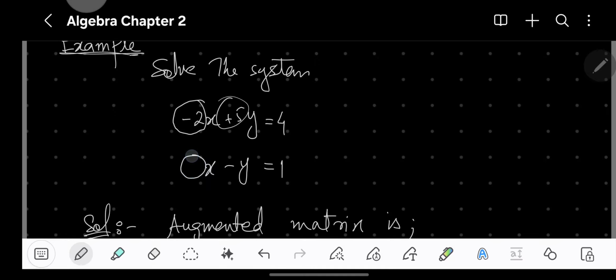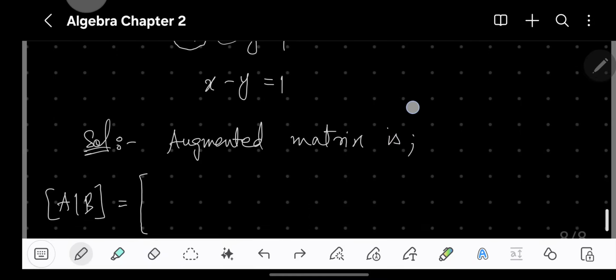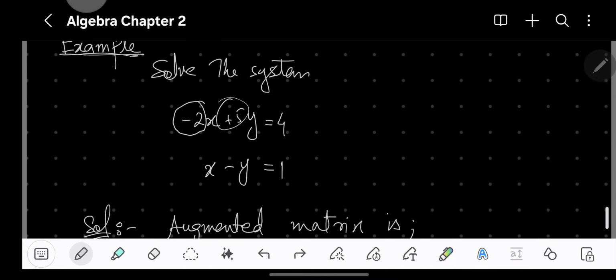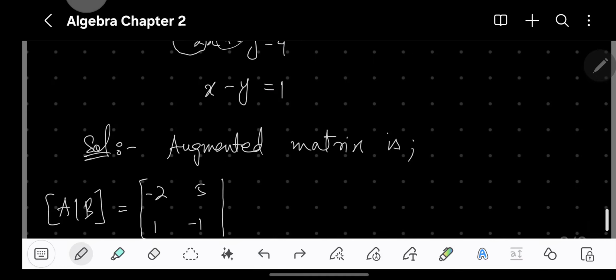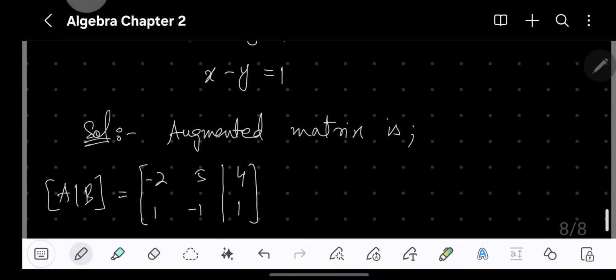Here the coefficient of x is 1, you can check. Here the coefficient of y is -1. So I will write -2, 5, 1, -1. And then I will write the constants. The constants are 4 and 1. Okay? So this is the augmented matrix.